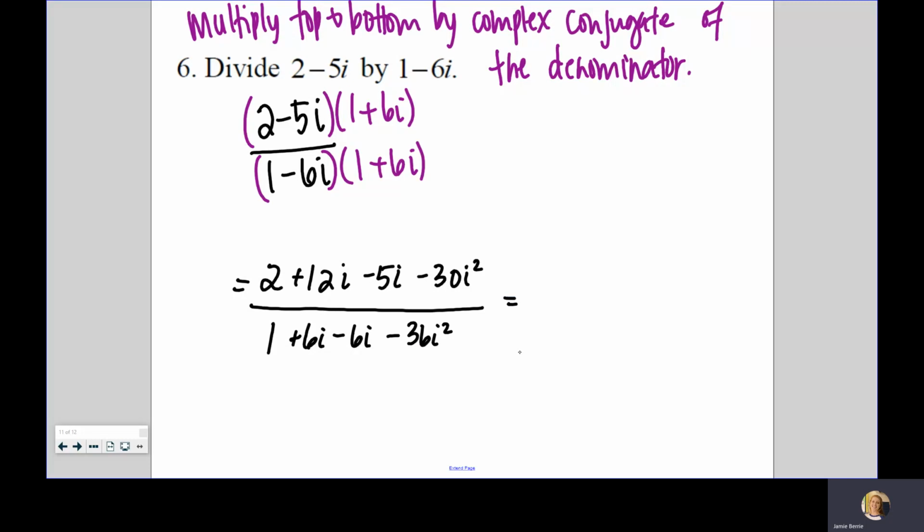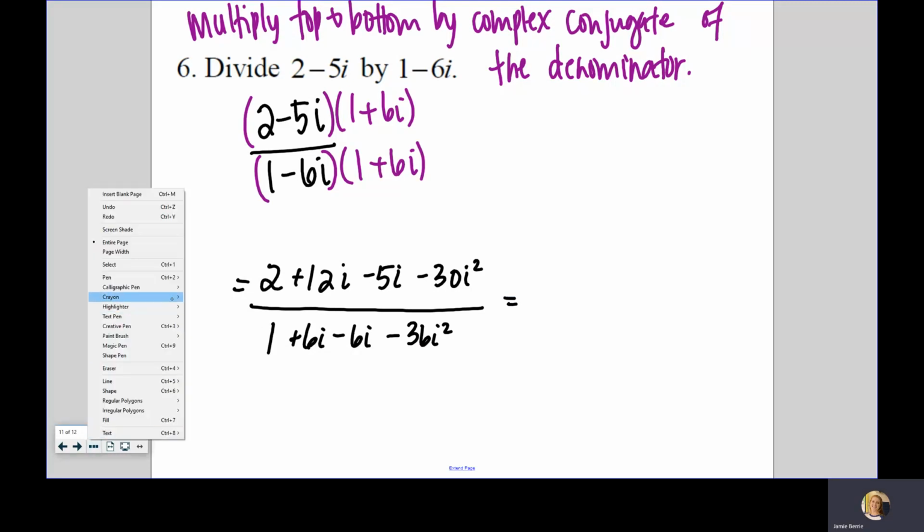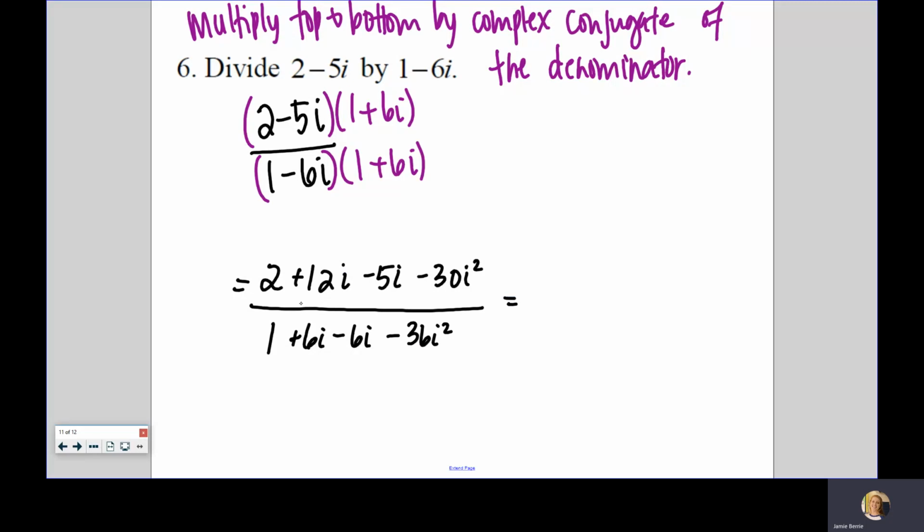All right, so let's see if we can simplify this. Combine the like terms in the middle here. You can see we got this one and this one. So we have 2 plus 7i, because 12 minus 5 is 7. And then i squared is equal to negative 1, so that'd be negative 30 times negative 1, plus 30.